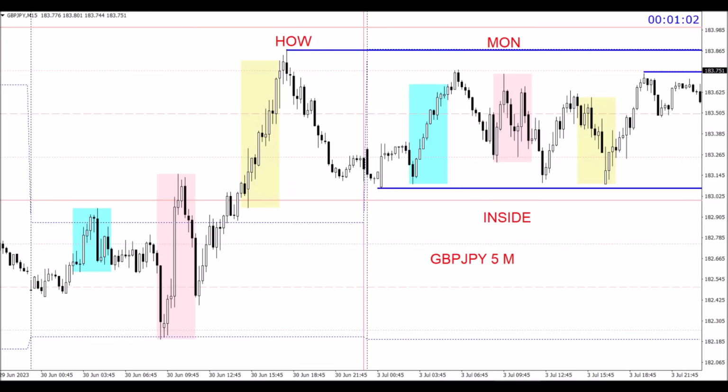We have a market on Friday on the pound yen that made a peak formation low in the London window, in between the US and the London window, and a high of the week into the close of the week that made a peak formation high in the US session. Peak formation low, peak formation high, London, New York, and an auction that dropped down 3 levels of drop, 75 pips from the high.